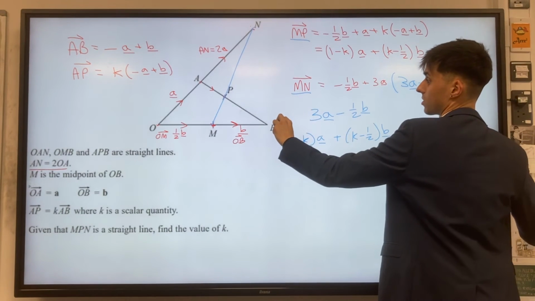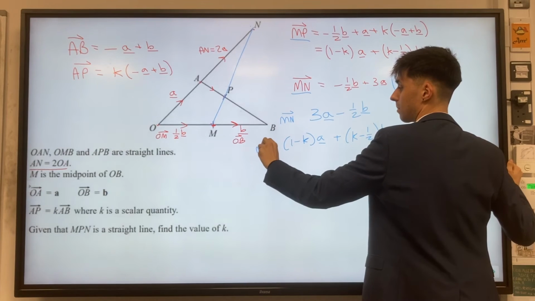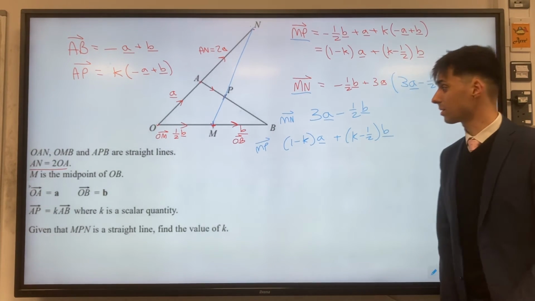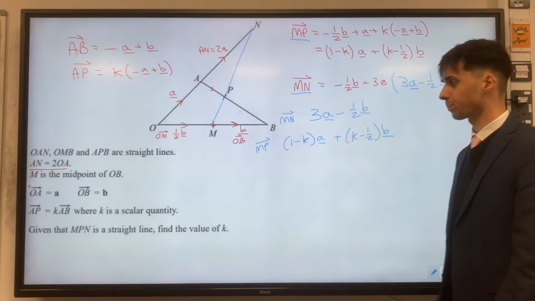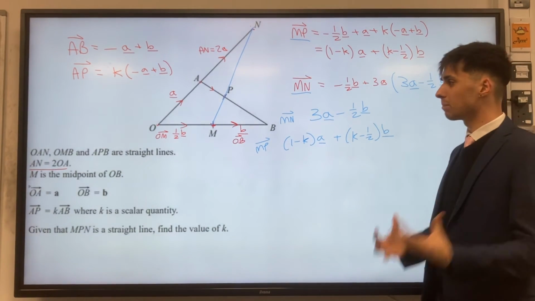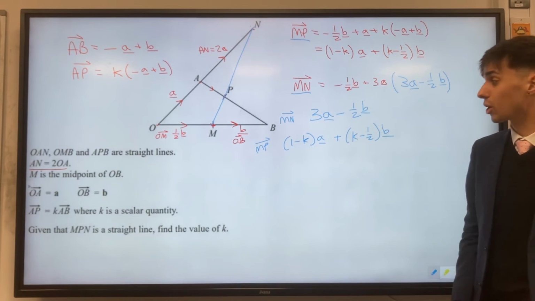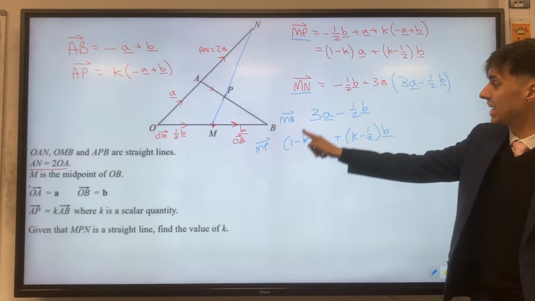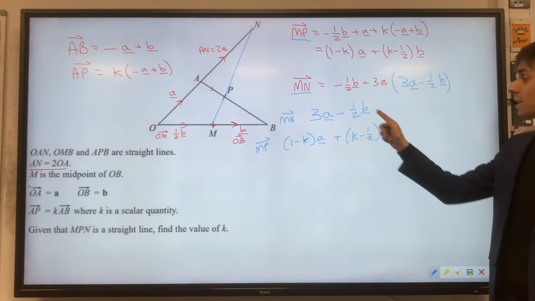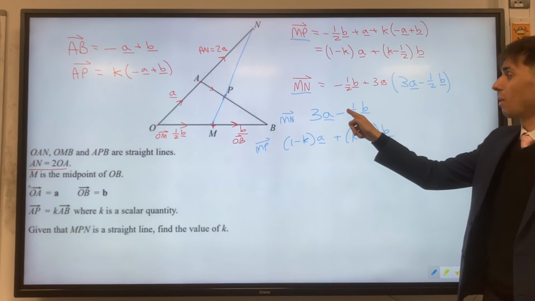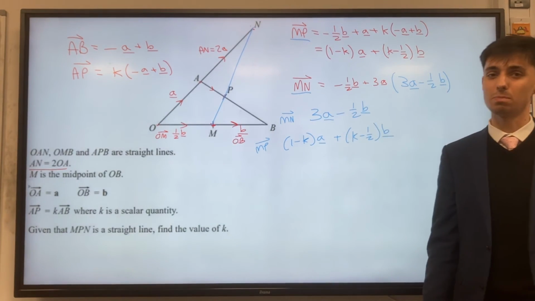So this was vector MN, this was vector MP, and the claim is that these are scalar multiples of one another. Something really important to appreciate, if they're scalar multiples, is that the ratio of 1 minus K to 3 should be equal to the ratio of K minus a half to minus a half. The ratio of the A's should be the same as the ratio of the B's.